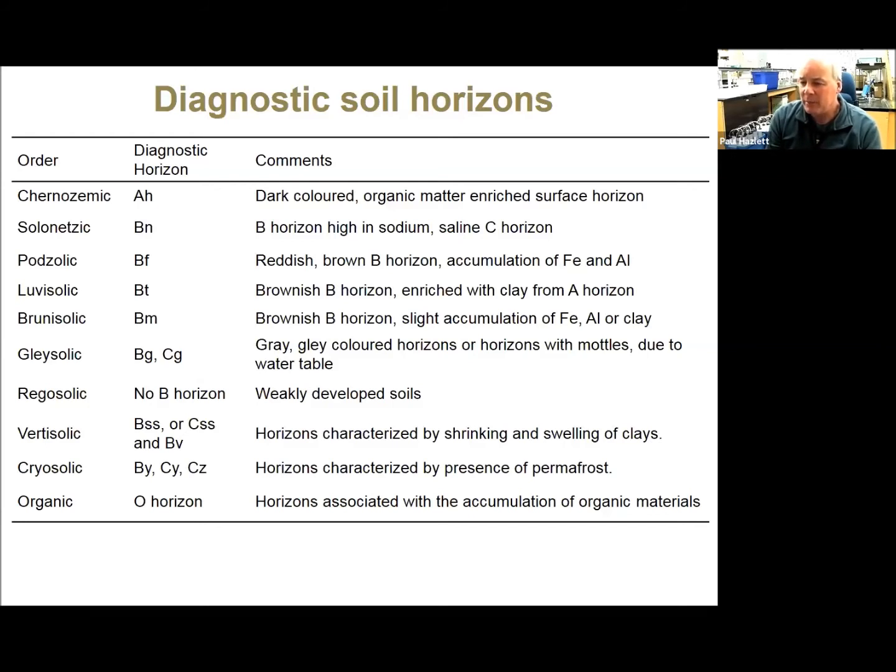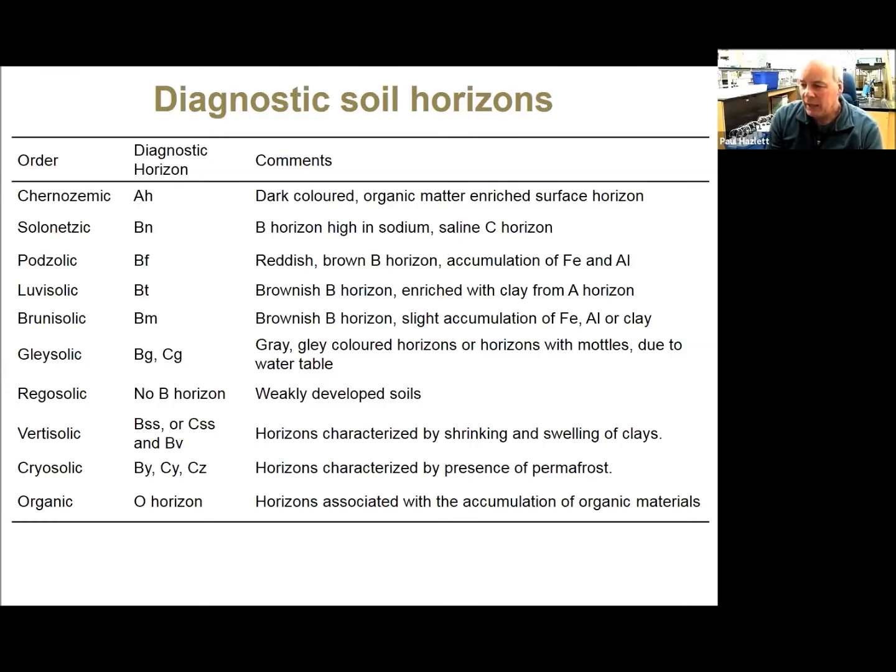And what makes any particular soil fall into any one of these orders is the presence of this diagnostic horizon that's shown in the second column. And then on the right-hand side, there are some comments about what this diagnostic horizon looks like. And again, this would be characteristic of just that type of order to fit it into that classification order.